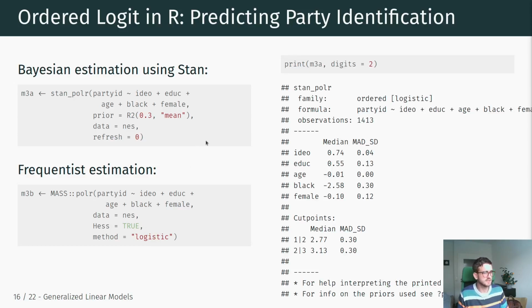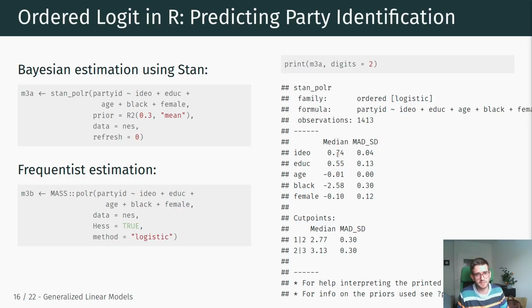Okay. What does this result look like? Here we're just focused on the Bayesian estimation using stan. Basically what we see here is the coefficients for the linear predictor. The linear predictor now is basically the change in this underlying latent variable. So with higher values of this predictor, we have a higher probability for the higher categories in our outcome measure, right?